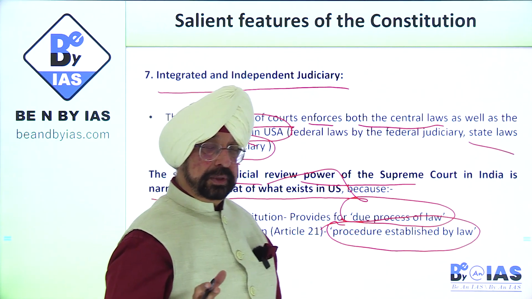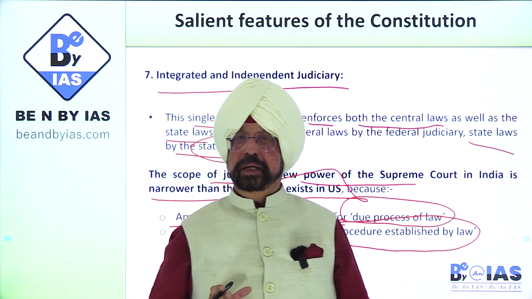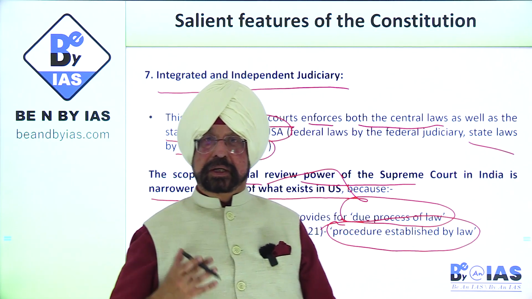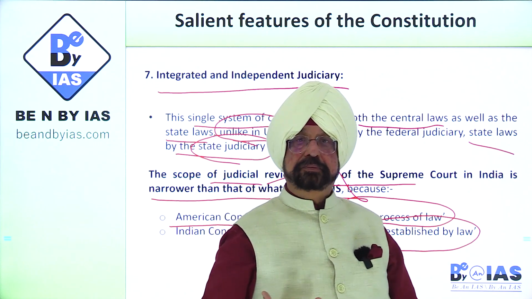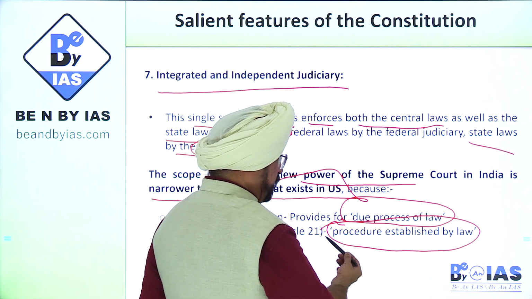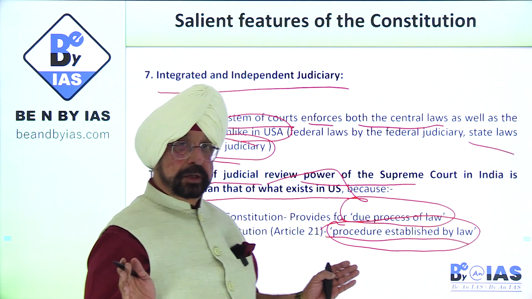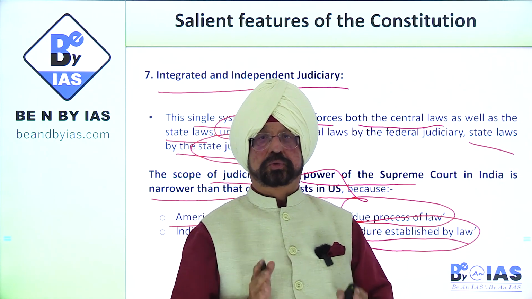What does Article 21 say? Article 21 says that nobody will be deprived of his life or personal liberty except according to procedure established by law. Procedure established by law has got a limited scope.